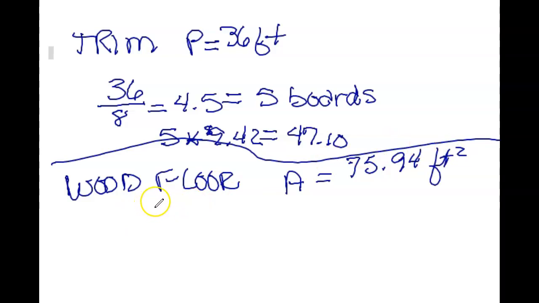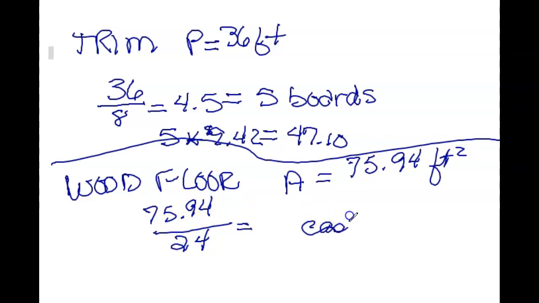It says on this that the wood flooring is, each piece is 8 inches by 47.5 inches. I don't really care about how much each piece covers. I want to note that the case is 24 square feet. So I'm going to divide 75.94 by 24 square feet to know how many cases I need.